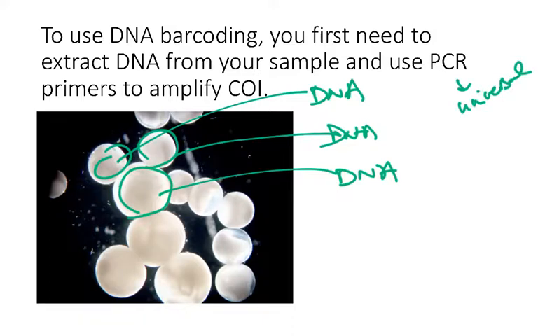Like I said, we know these are fish eggs and there are universal primers available to amplify this CO1 region of all fish species. So we would use those PCR primers to amplify CO1 from each of our DNA samples from each individual egg.